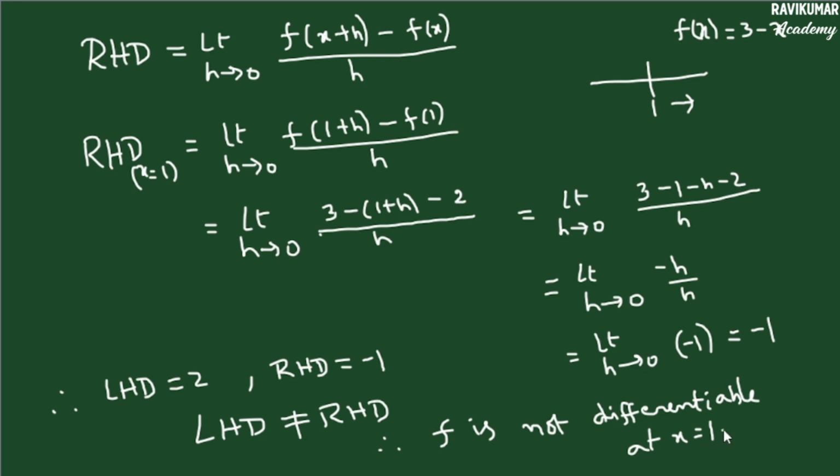So at least one of the three conditions of Rolle's mean value theorem fails, then we cannot apply Rolle's mean value theorem. Therefore, Rolle's mean value theorem is not applicable for this given function. Right? That's it. That is the conclusion of the problem.